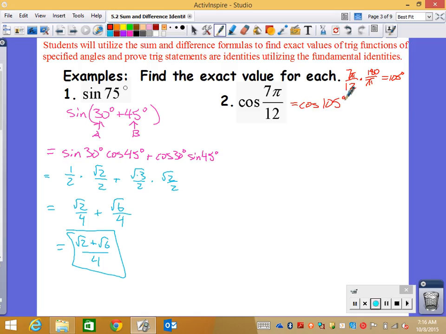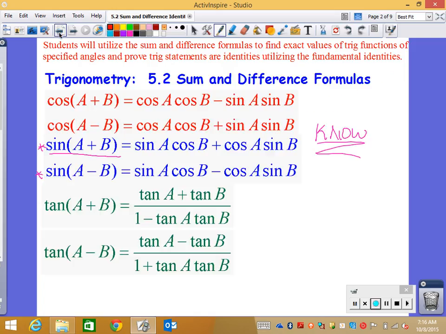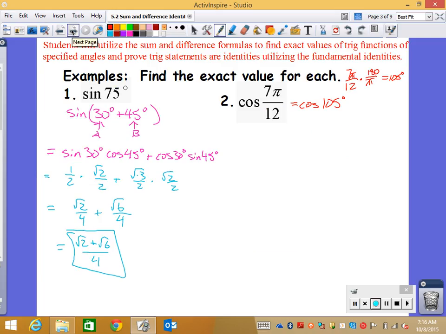Now, I have 2 cosine identities, an addition and a subtraction. So I've got to come up with 2 angles that have special triangle capabilities and add up to 105. Well, I can rewrite this as the cosine of 60 degrees plus 45 degrees.